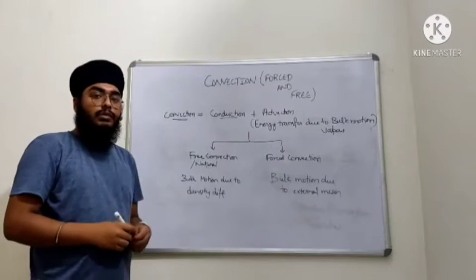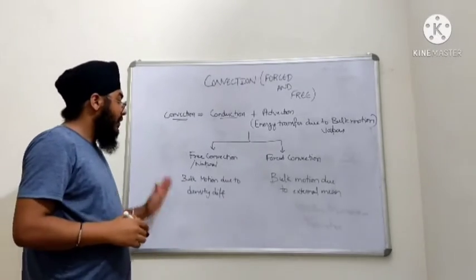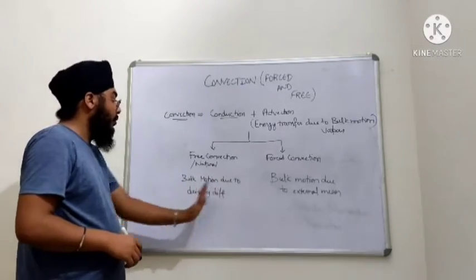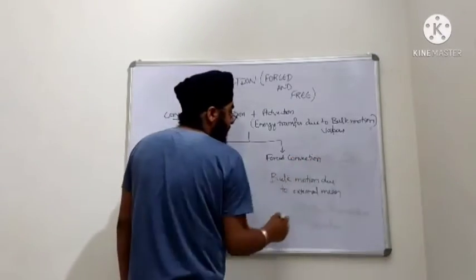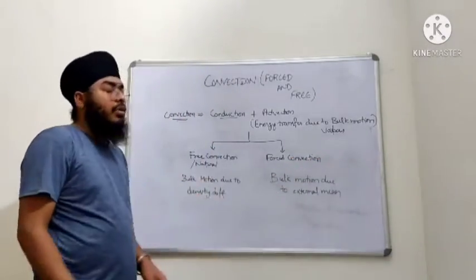Now, in free convection, bulk motion is due to density difference, and in forced convection, bulk motion is due to external need.